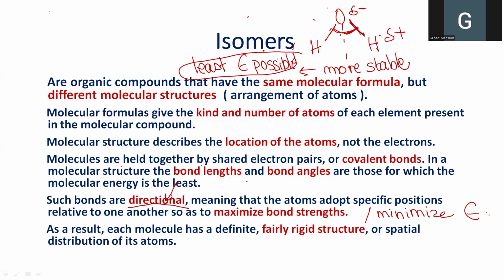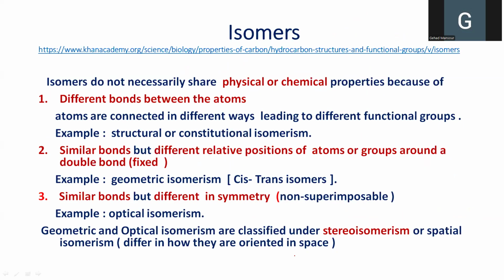So when there is a covalent bond between two carbon atoms, if you have A on that side and B on the other side, it would be difficult for the two groups to exchange their places. So this is the definition of isomers.